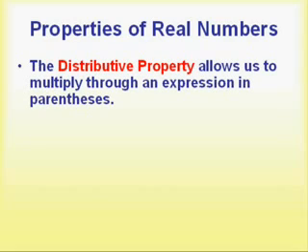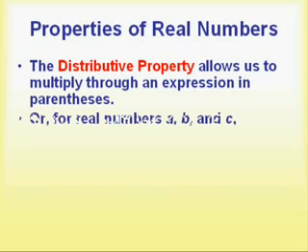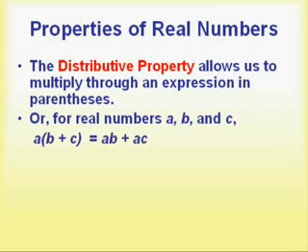The distributive property allows us to multiply through an expression in parentheses. For real numbers a, b, and c, a times (b plus c) is equal to ab plus ac. This is because we can multiply a times b and a times c, keeping the addition sign in the middle, to get a times b plus a times c.